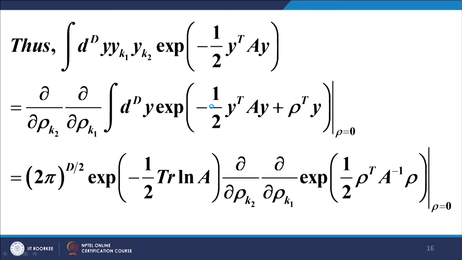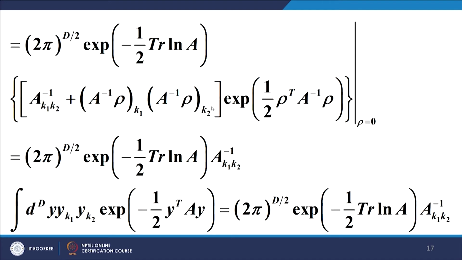So, the net result is, let us see, when you have two differentiations, two terms in the integral, y k1 and y k2, then what we have at the end of all this manipulation is A inverse k1 k2 plus this thing plus this, and when you put rho equal to 0, the exponential becomes 1, this becomes 0, this becomes 0 and this is retained because this is independent of rho.